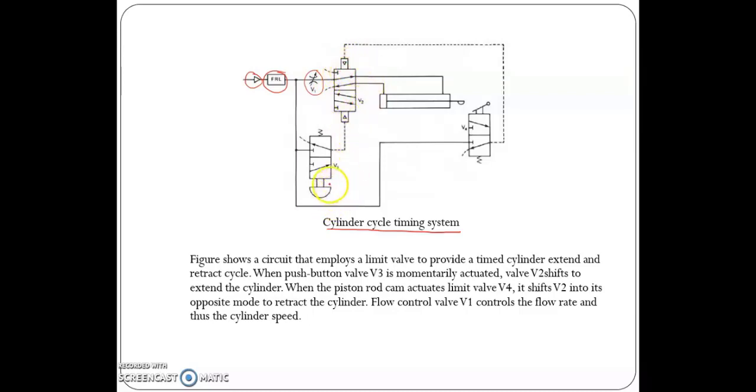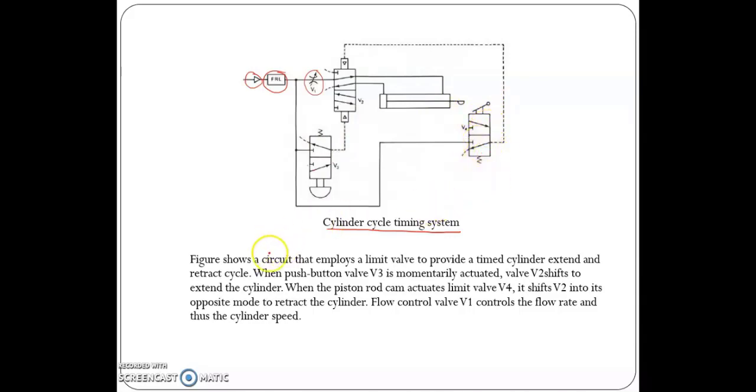This one adalah the 3-2. Okay, there are 3 port and then 2 positions. Push button, spring offset DCV, double acting cylinder. And then this one adalah the limit switch. Okay, limit switch, and then 3-2 spring offset DCV.